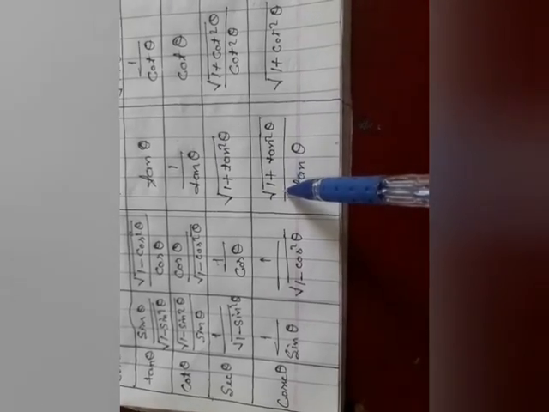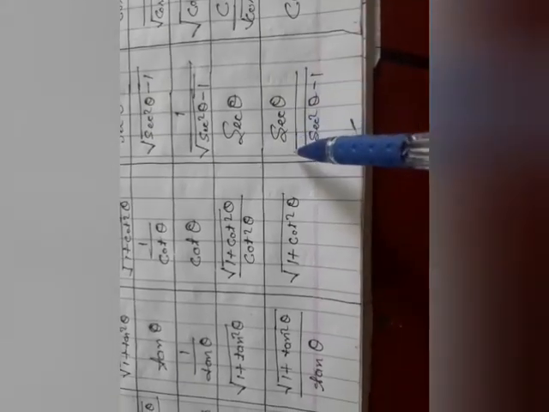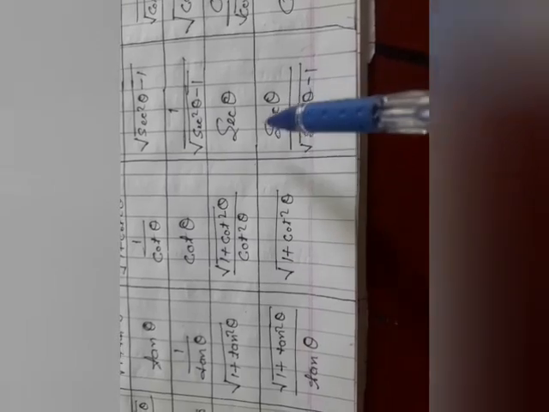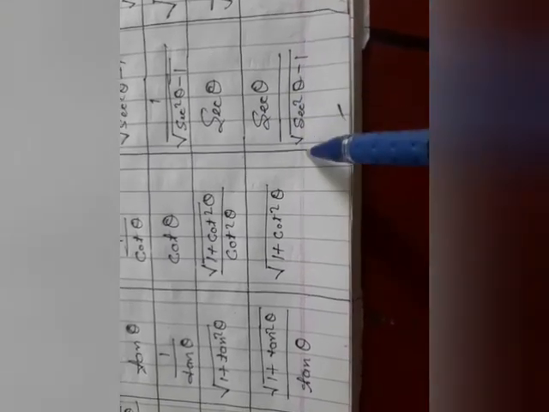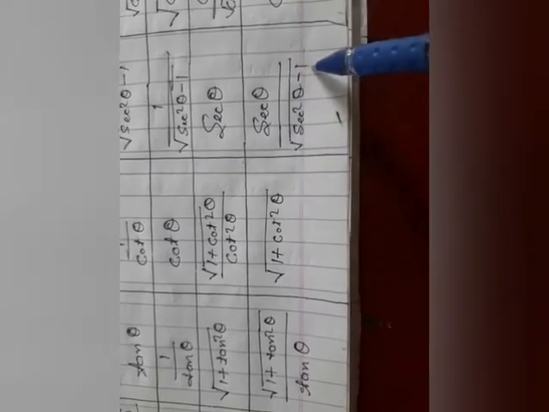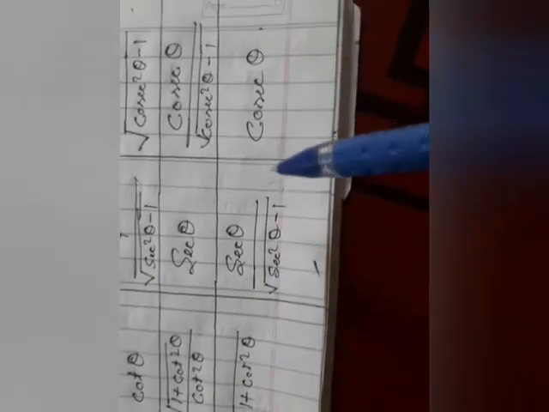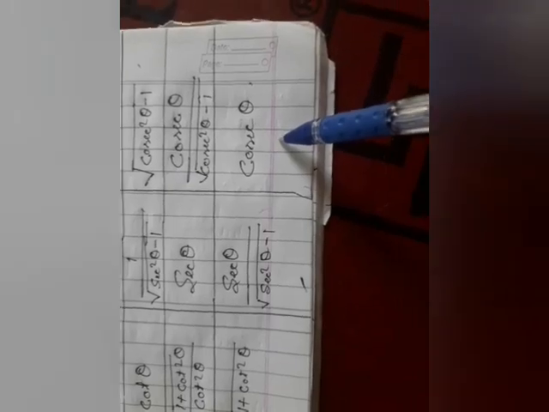Cosec theta in the form of tan theta: under root 1 plus tan square theta upon tan theta. Cosec theta in the form of cot: under root 1 plus cot square theta. Cosec theta in the form of sec theta: sec theta upon under root sec square theta minus 1. Clear? Now cosec theta in the form of cosec theta is cosec theta.